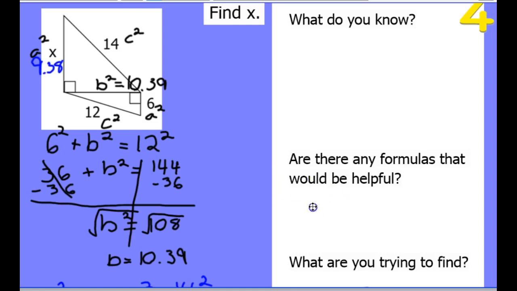So the formula that was helpful here would be a squared plus b squared equals c squared. That's our Pythagorean theorem. And we knew what a squared and c squared were here, and we knew that c squared on this triangle is 14. So that helped us find our answer, which was 9.38.